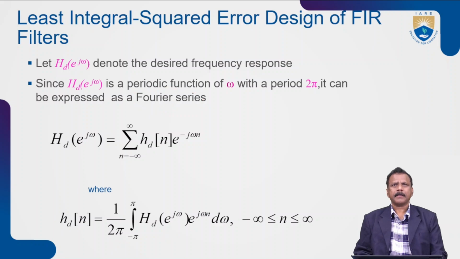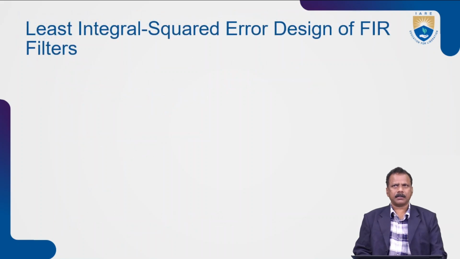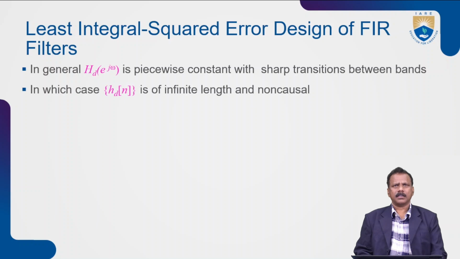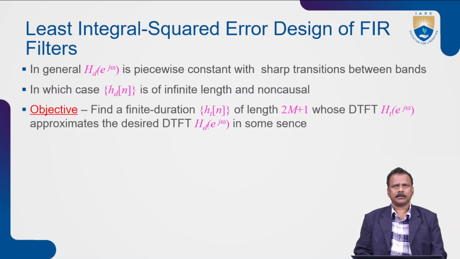Using this particular design of finite impulse response digital filter, in general S_D of e power j omega is piecewise constant with sharp transitions between bands, in which case S_D of n is of infinite length and non-causal. So for this we have to find the design aspect.